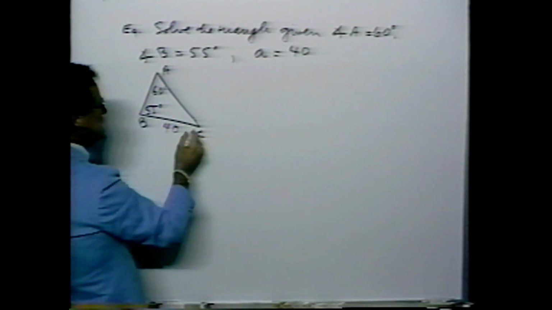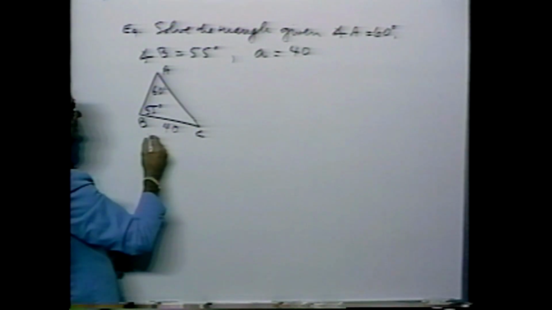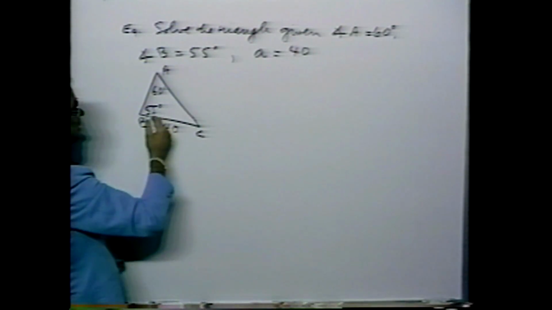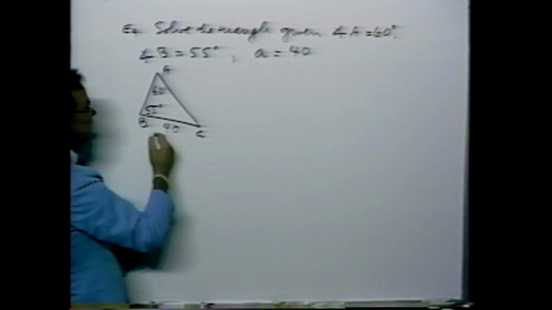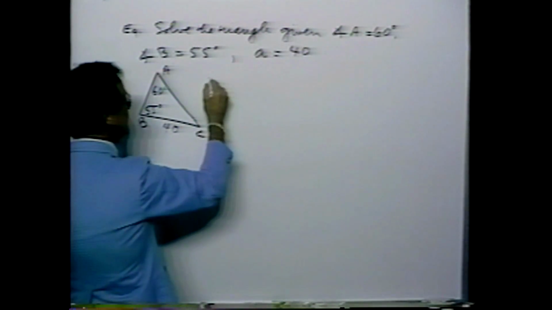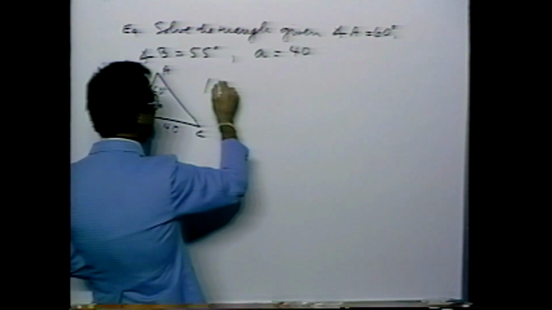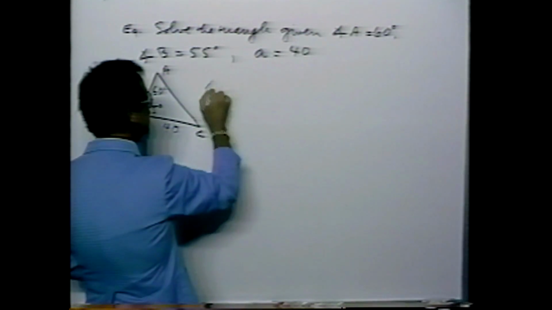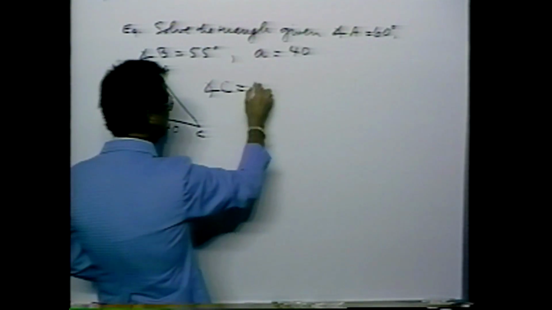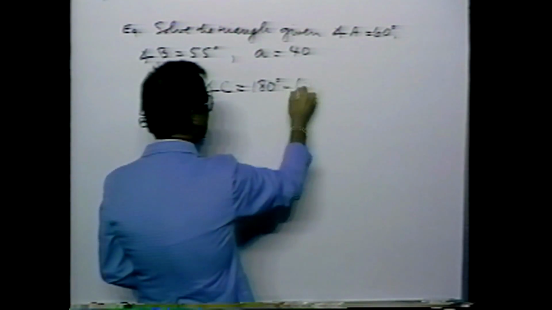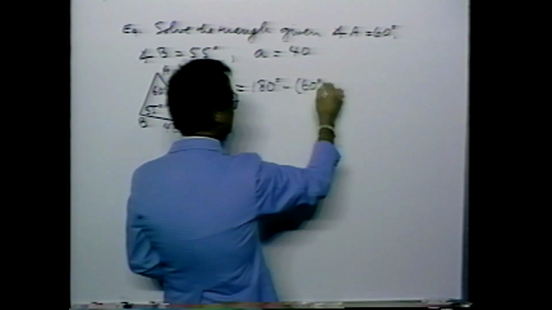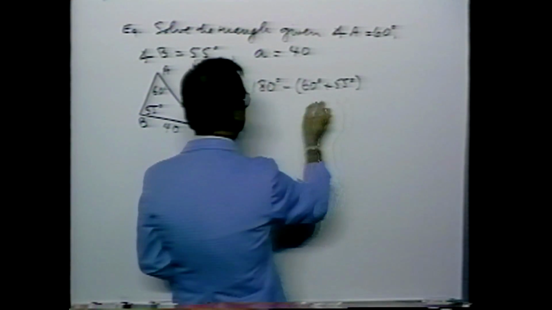The angle C can easily be found by subtracting the sum of 60 and 55 from 180 degrees, so the third angle is very quickly found. We'll write that angle C is equal to 180 minus 60 degrees plus 55 degrees.